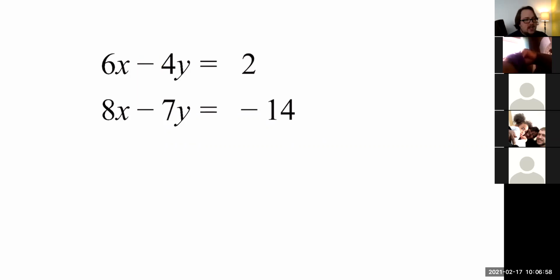No, because again, these numbers don't go nicely into each other for X's or for our Y's. So what we did in the last one where we got by with changing just one of them is not going to work here. So I need to take a step back and think, okay, 6 doesn't go into 8, 8 doesn't go into 6, but is there a larger number that 6 and 8 both go into?